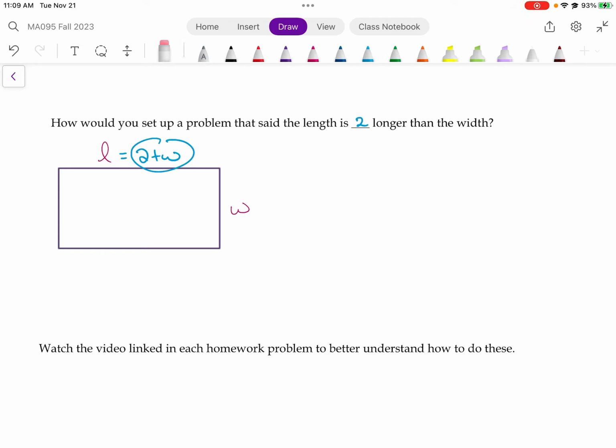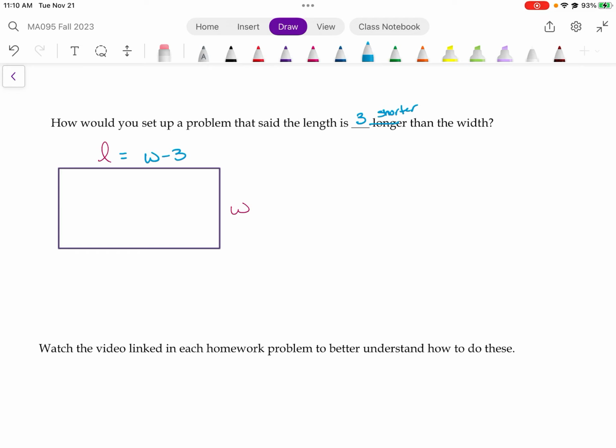Okay, so now let's just say it doesn't always have to be 2. I don't want to confuse anybody, but what if this is 3 and it was shorter? Well, if it was shorter, then you would say W minus 3. Okay, so that's how you set those up.